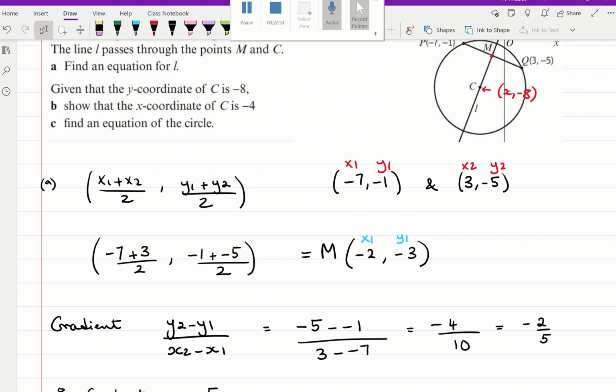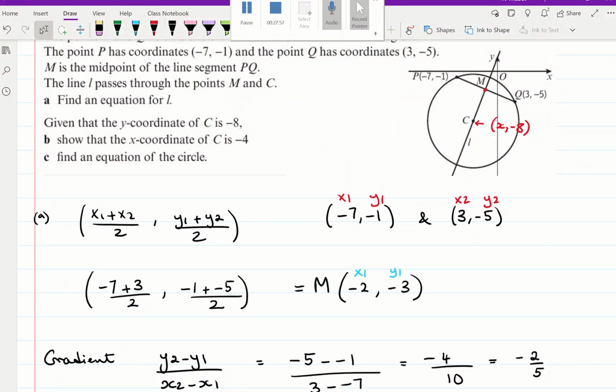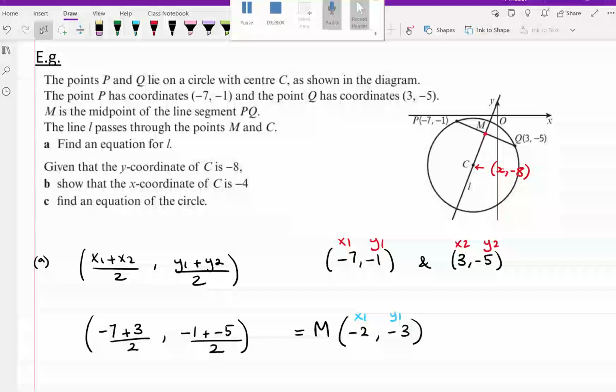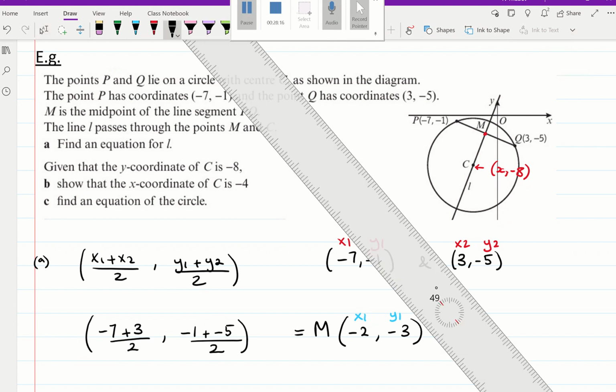Okay, so I know what the center is. And I need to find the radius. And have I got any information about the radius? No. But I do have information about the radius on the diagram, and that's why diagrams are important.